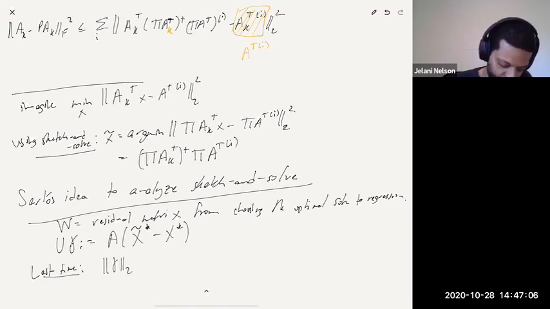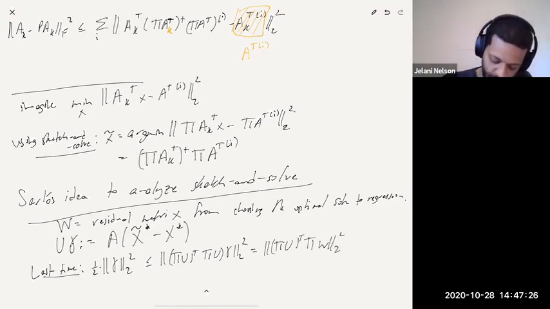We said last time gamma L2 norm squared was at most, and there's like a 1/2 here or something, at most pi u transpose pi u gamma L2 norm squared, which we said was equal to pi u transpose pi w L2 norm squared, which we argued was at most some epsilon prime times the Frobenius norm of u times the norm of w, which is just root opt.